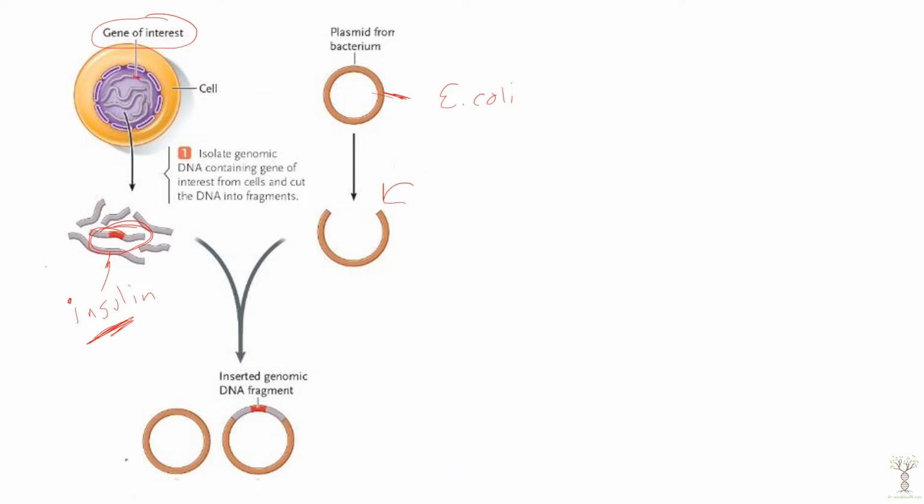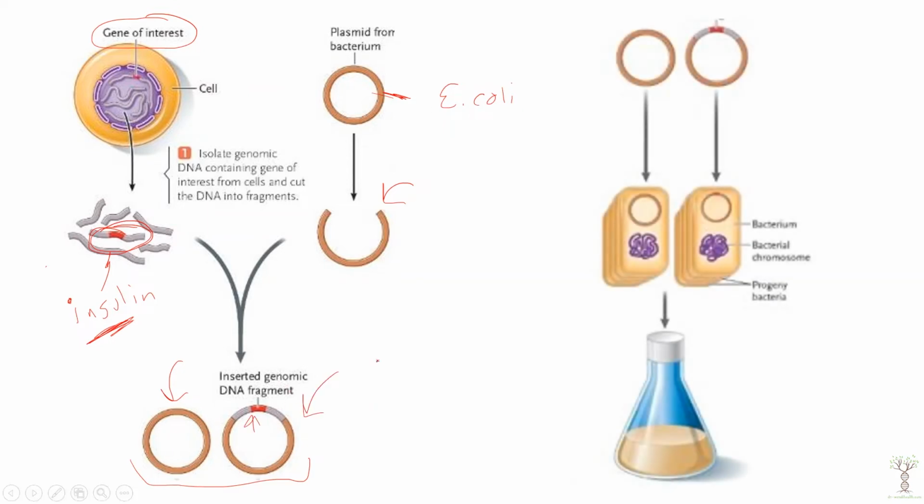And then you can end up with two options. Sometimes the plasmid will fold back on itself when you add the ligase, and sometimes you will have your inserted gene.